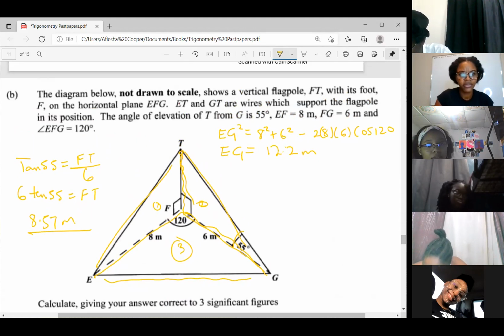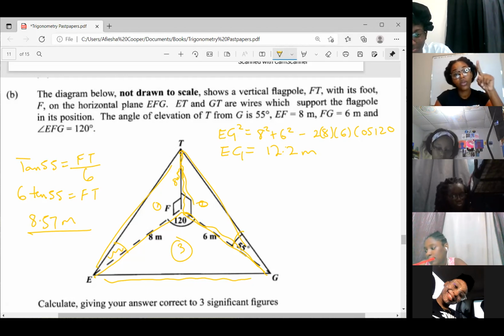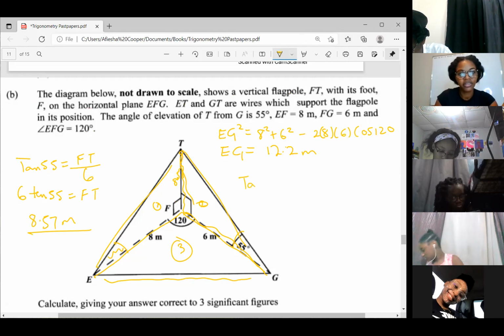What's next? The angle of elevation of T from E. So in the corner here, right? So inside here. We already know up here FT is 8.57. So we could use triangle 1 and use trigs. To find that, I can use opposite and adjacent. Tan theta is equal to 8.57 over 8.